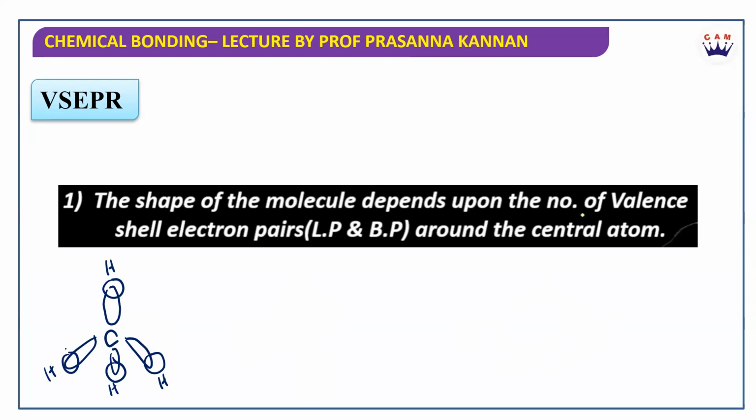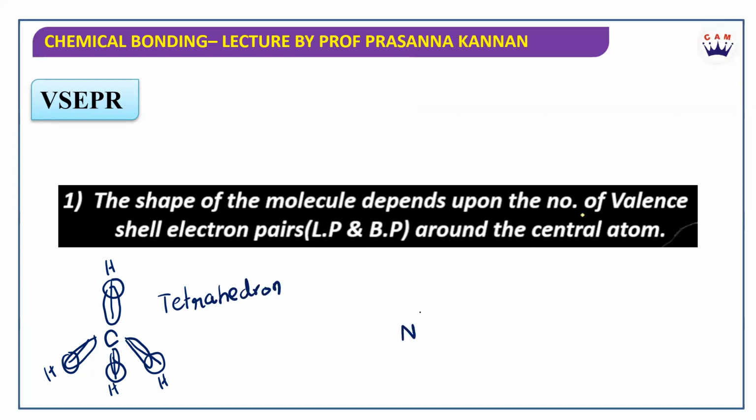So we have one bond formed here, one bond formed here, one bond formed here, one bond formed here. There are 4 electron pairs, 8 electrons totally participating, isn't it? So this decides this to have what shape? Tetrahedral.